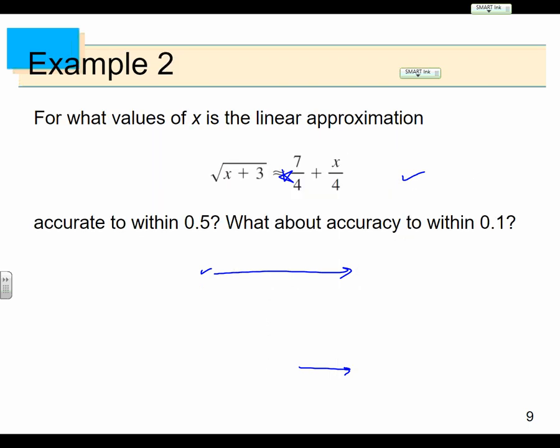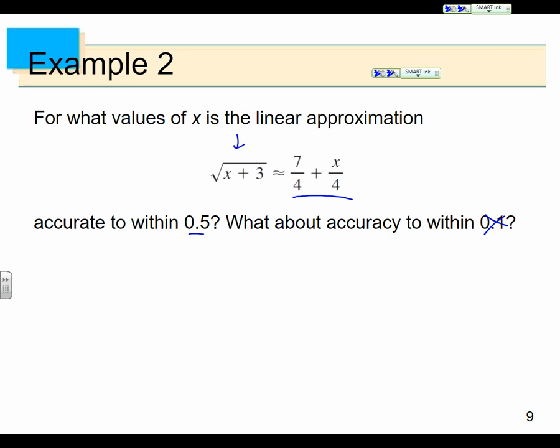So what I want to know is how good is this approximation? How far away can I get using this approximation of this curve and still be within half a point of accuracy? I'm just going to warn you, I'm probably not going to do this for 1/10 of a point of accuracy.